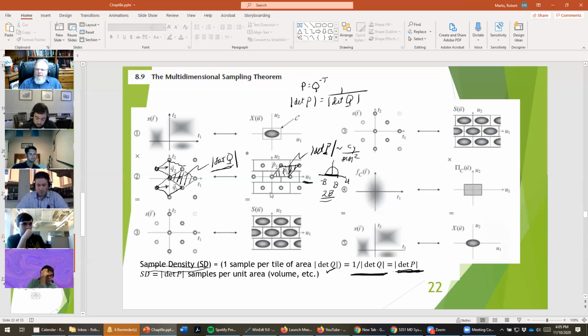So in conclusion, your sampling rate is going to be the determinant of P, correct? It's the determinant of the periodicity matrix that we have in the frequency domain.